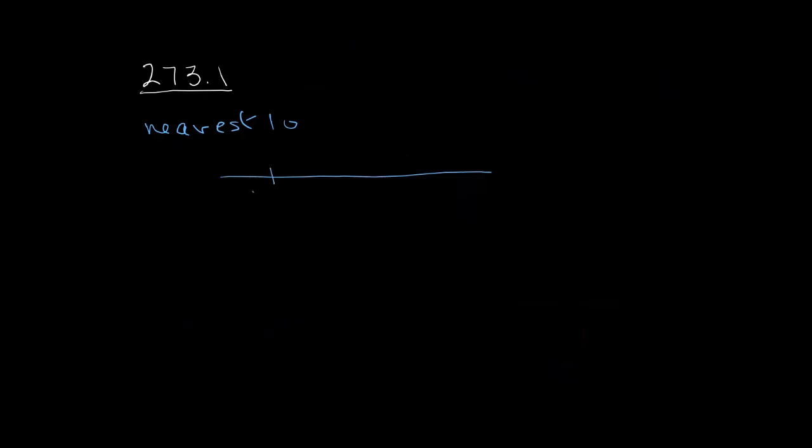So we'll have 260, 270, 280, and now note 275 is smack right over here. This is 275, and 273.1 is somewhere over here. It's to the left of 275, so it's closer to 270. So when you round it to the nearest 10, the answer is going to turn out to be 270.